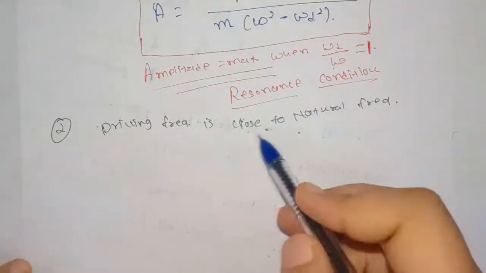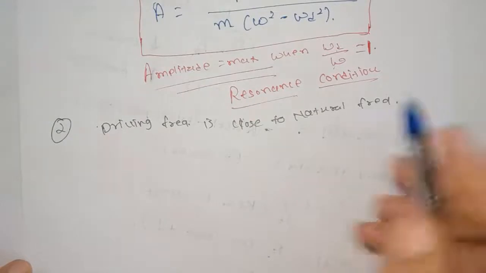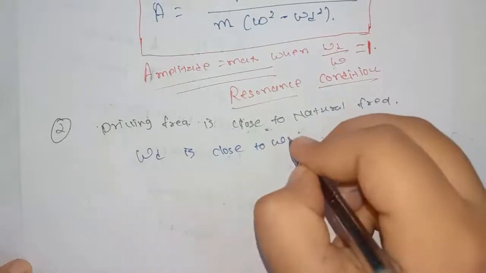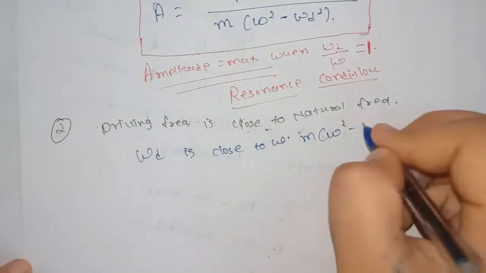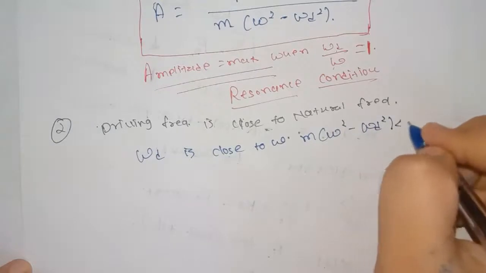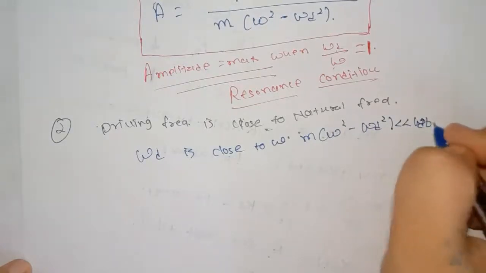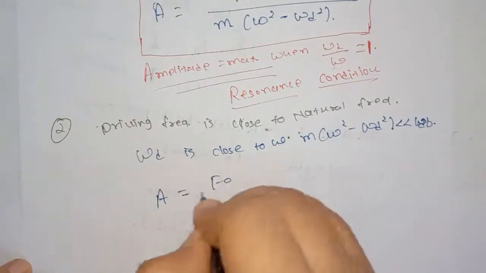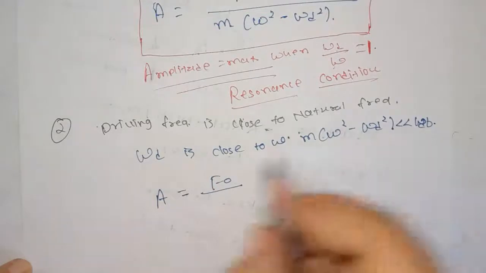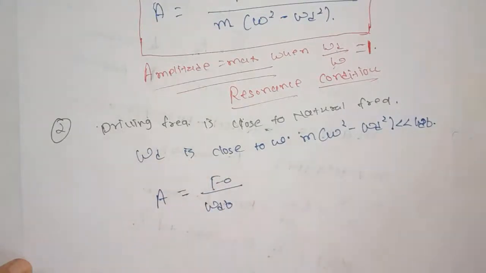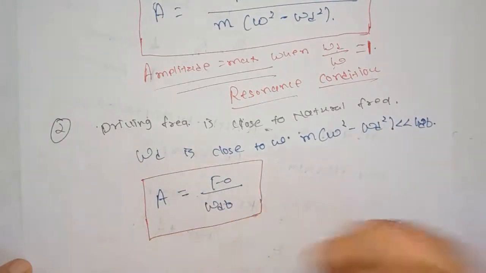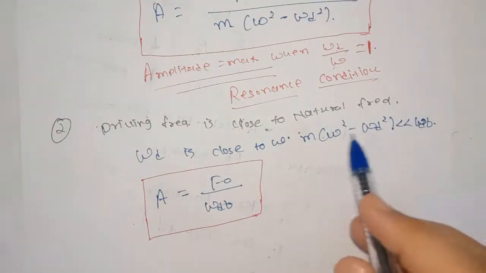When driving frequency is much close to natural frequency, that is omega d is close to omega, then the term m times omega square minus omega d square is very less than omega d b. So the amplitude will be f naught upon, we can ignore this term, omega d b. So this will be the amplitude in the case of both are almost same.